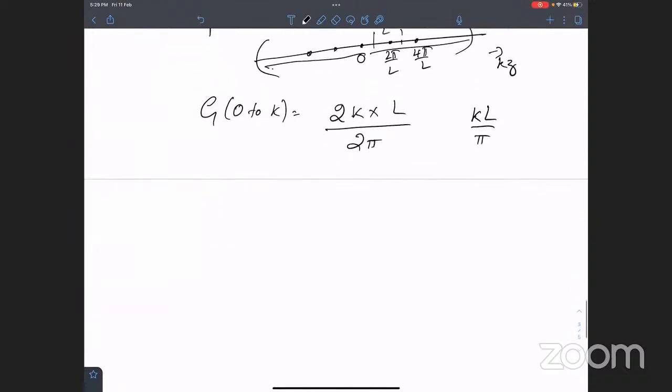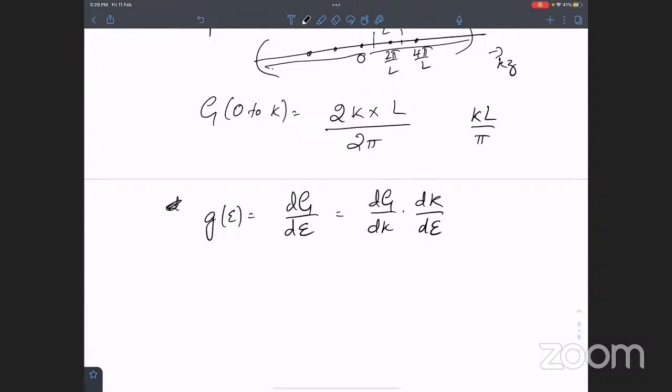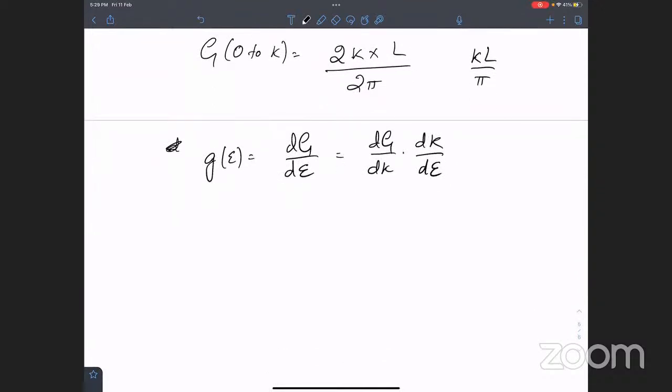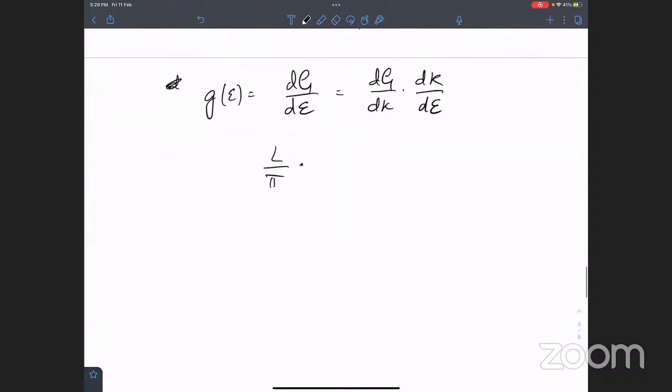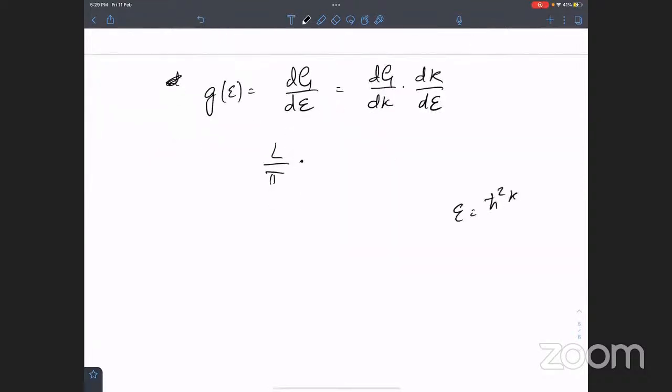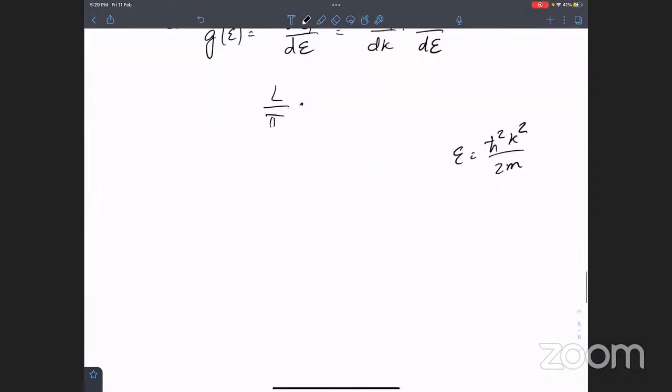But we are not interested in capital G. What we are interested in is this little g, g of E, which is nothing but the derivative of G with respect to E, which is the derivative of G with k first using the chain rule and the derivative of k with E. So dG by dk is L by pi. dk by dE: E is h bar squared k squared by 2m. dE is h bar squared by 2m into 2k dk.